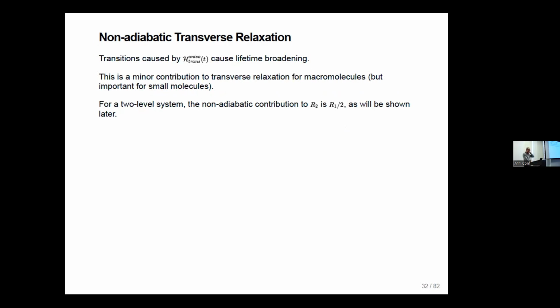There's a little contribution from the transverse fluctuations causing dephasing.